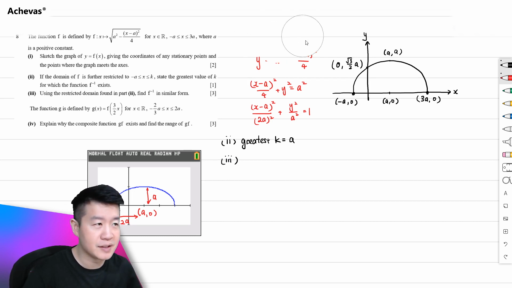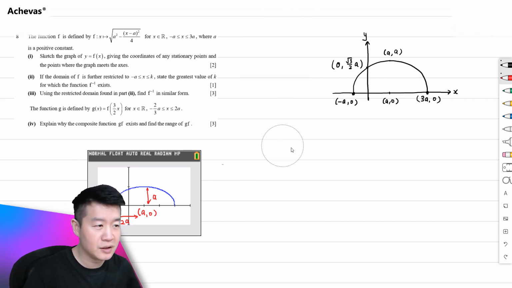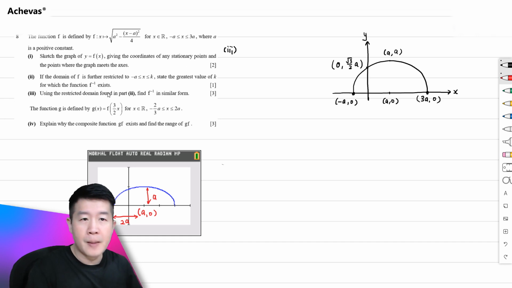Let me just erase this. I think we can start part 3 from here. So now from part 2, we know that the maximum possible k that we are working with is equal to a, and we are going to make use of this value of k for part 3.